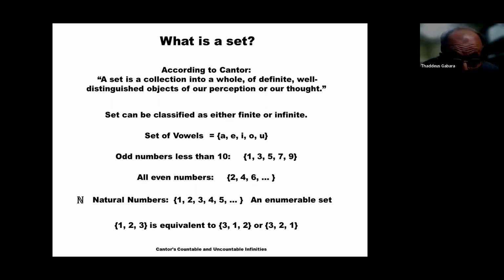Of course, you can have all the even numbers, 2, 4, 6, with the ellipsis that goes on forever. You can do the odd numbers, the prime numbers, but one of the very important enumerable sets is called the natural cardinal numbers.